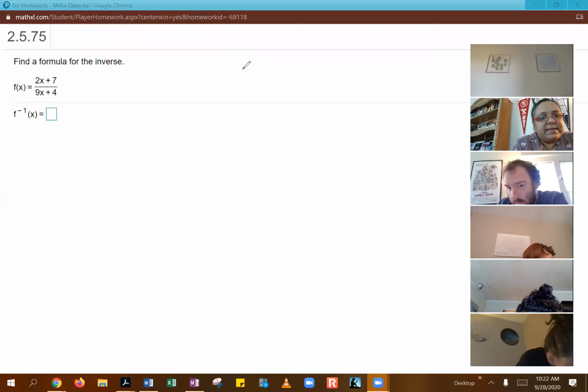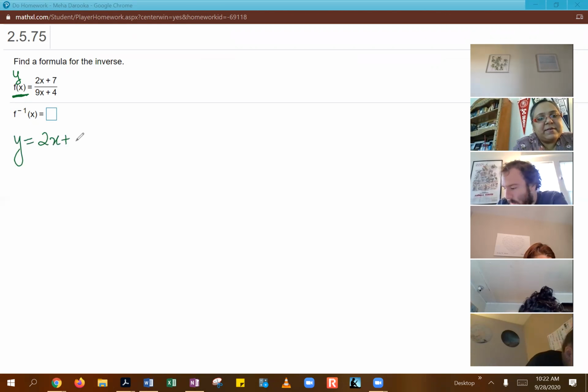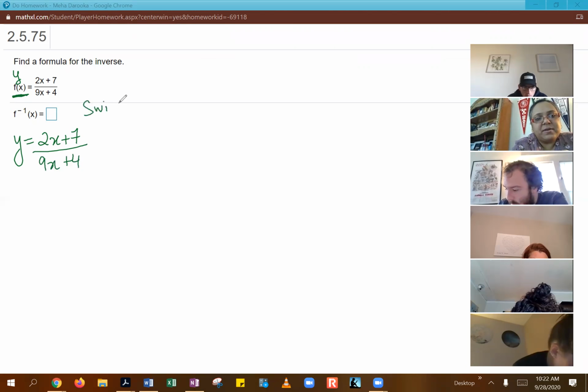So in this case, again, I'm going to start by replacing my f of x with y. So we will have y equals (2x plus 7) over (9x plus 4). And remember, again, we're using the switch and solve method.